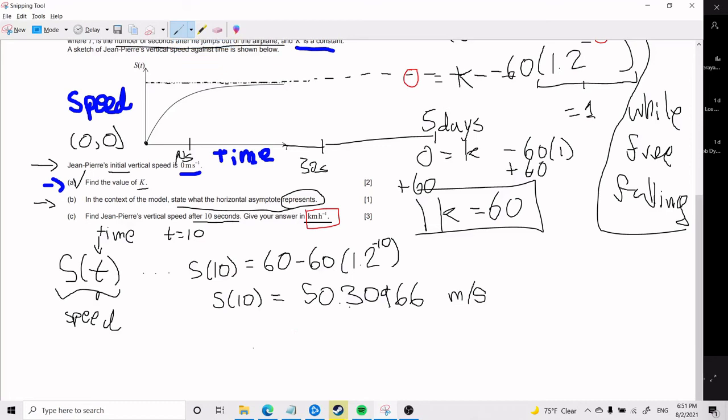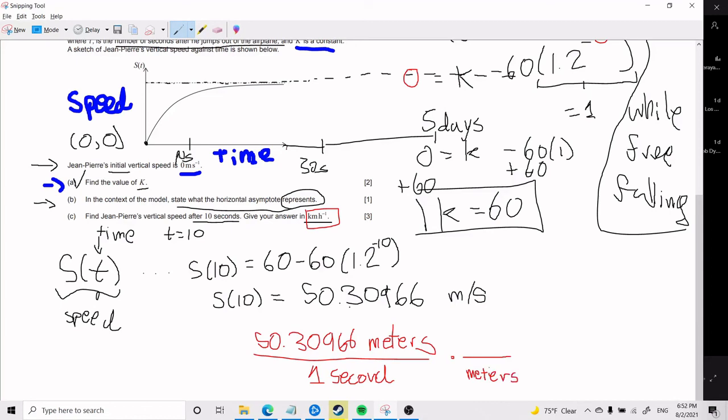And so if we know that we have 50.30966 meters every 1 second, we need to get rid of the meters, right? So we have meters here on the bottom and 1 kilometer up here, okay? So we know that in 1 kilometer, we have 1,000 meters.